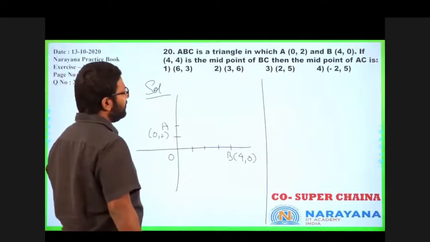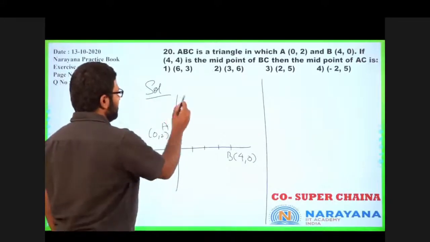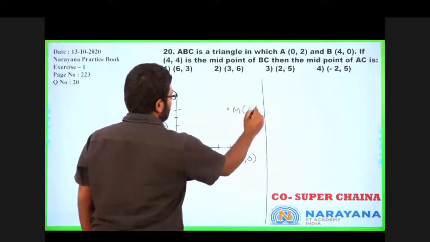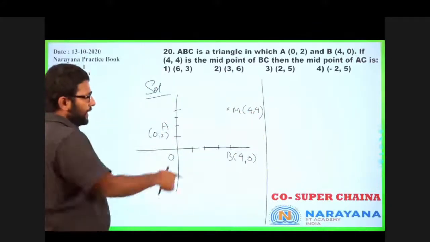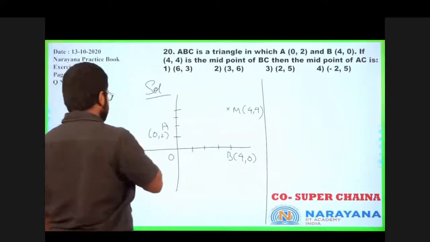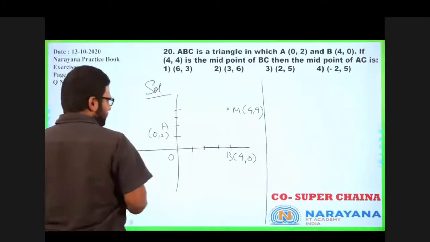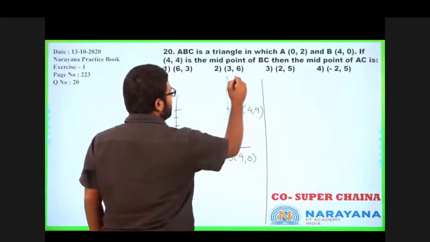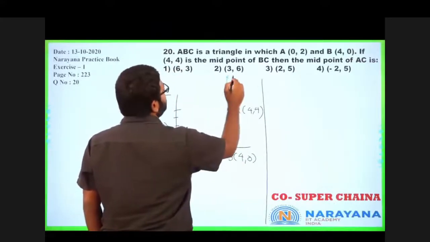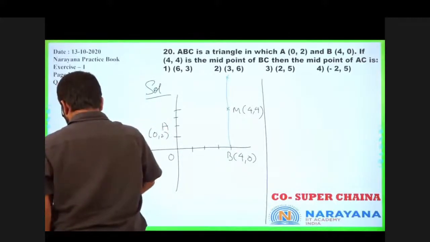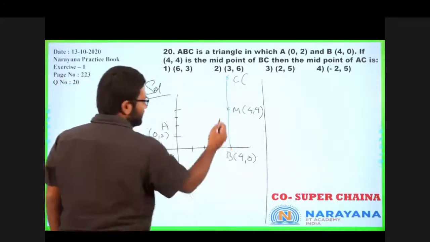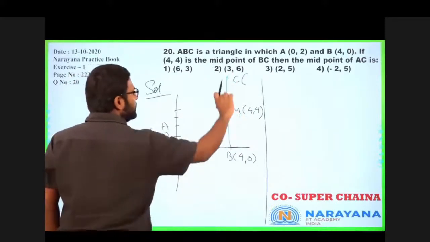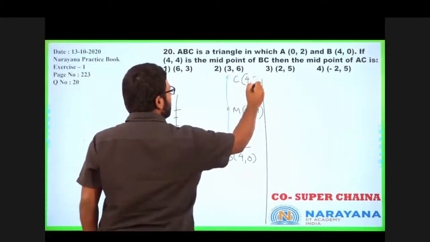And (4, 4) is the midpoint of BC, so call this M (4, 4). This is the midpoint. So can you figure out what will be the other endpoint? Purely by symmetry, if I extend this from (4, 0) to (4, 4), then this point C automatically must be, if the midpoint is here, this is 4 units, this should also be 4 units, so (4, 8).